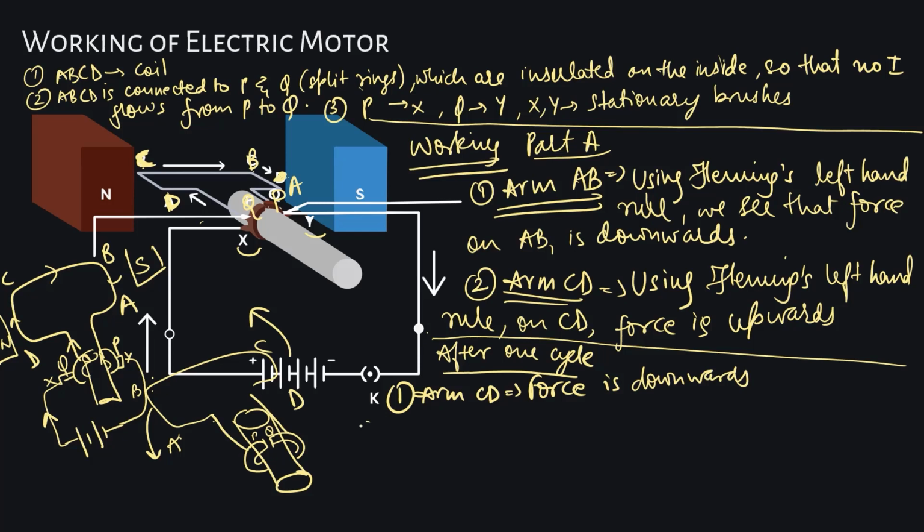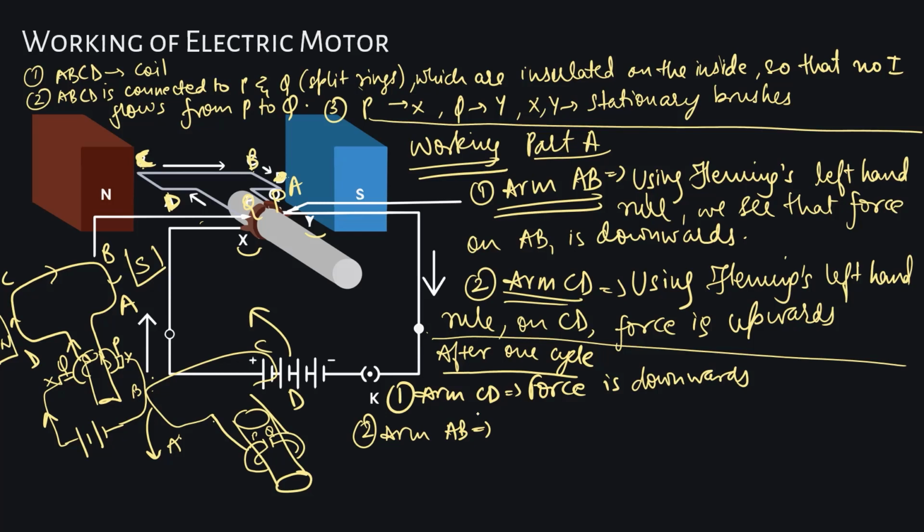And in case of arm AB, in the second case, which direction is current flowing from? It's flowing from B to A, whereas in the first case, it was flowing from A to B. To understand what changes actually come about in this apparatus, you have to draw it with your own hands. You have to use Fleming's left hand rule yourself, and only then would you be able to understand it properly.